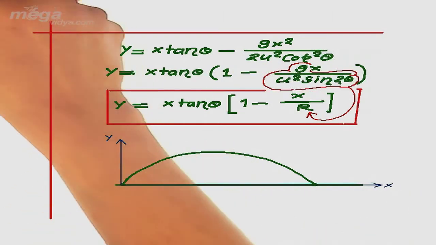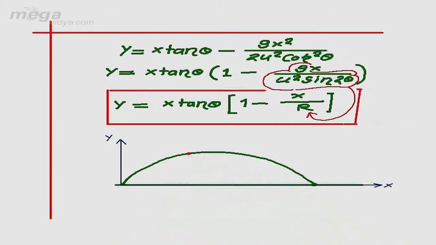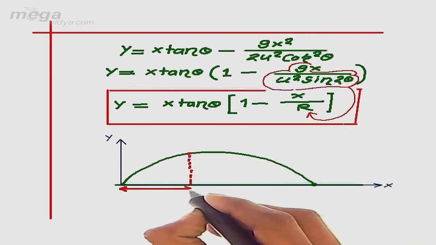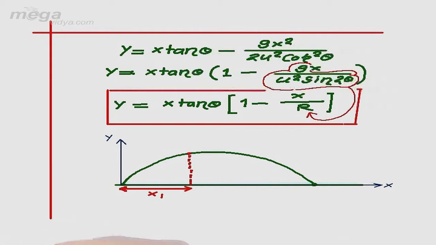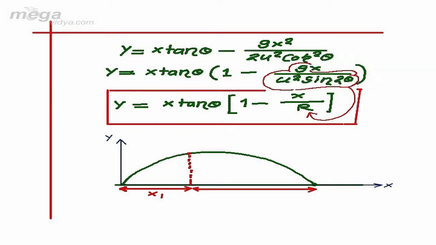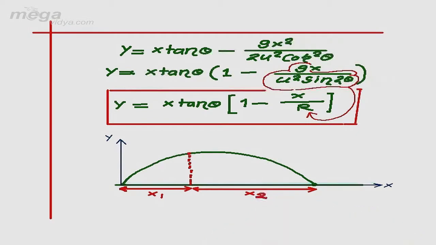If we consider any point of its trajectory, this is the x position with respect to the point of projection, and the x position of the projectile at that instant from the point of landing can be taken as say x2.